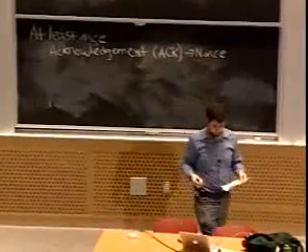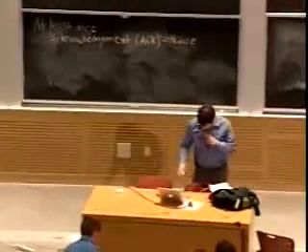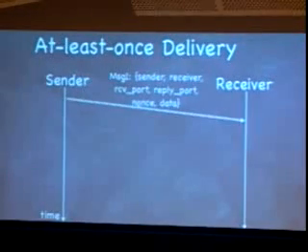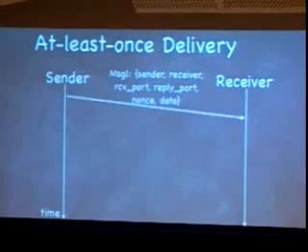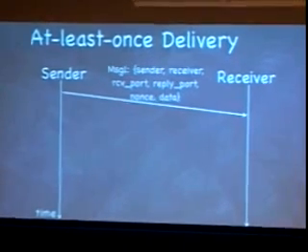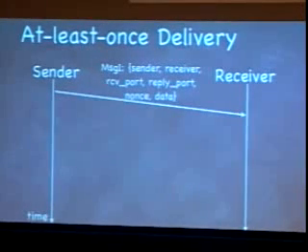So let's look at how this works in a simple example. The idea is that the sender, at some point, is going to send a message to the receiver, and this message is going to have the address of the sender, the address of the receiver, the ports on both ends the message is supposed to be sent to, this nonce information that uniquely identifies the message, and then whatever data needs to go in the message.